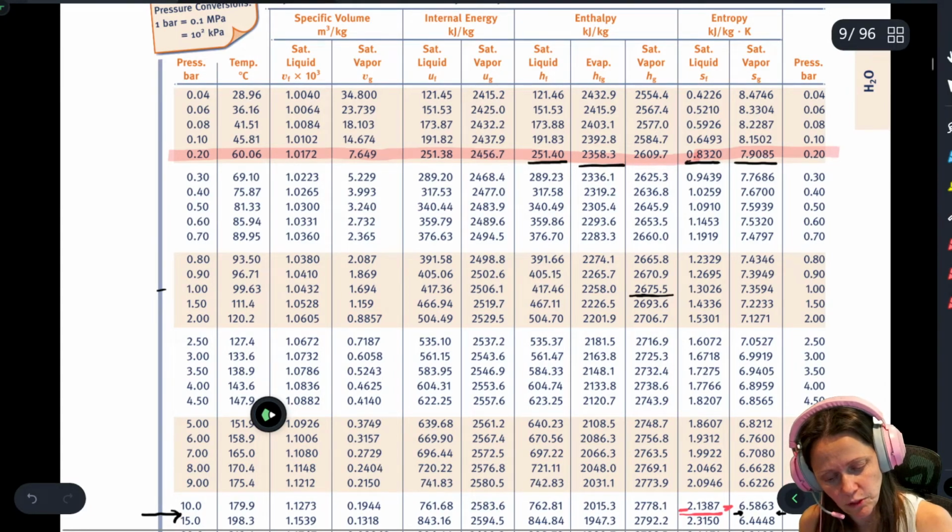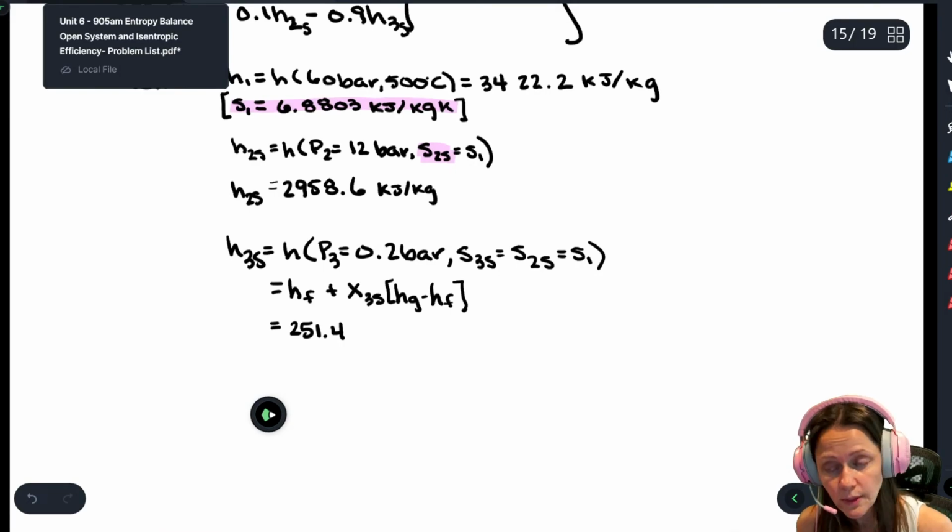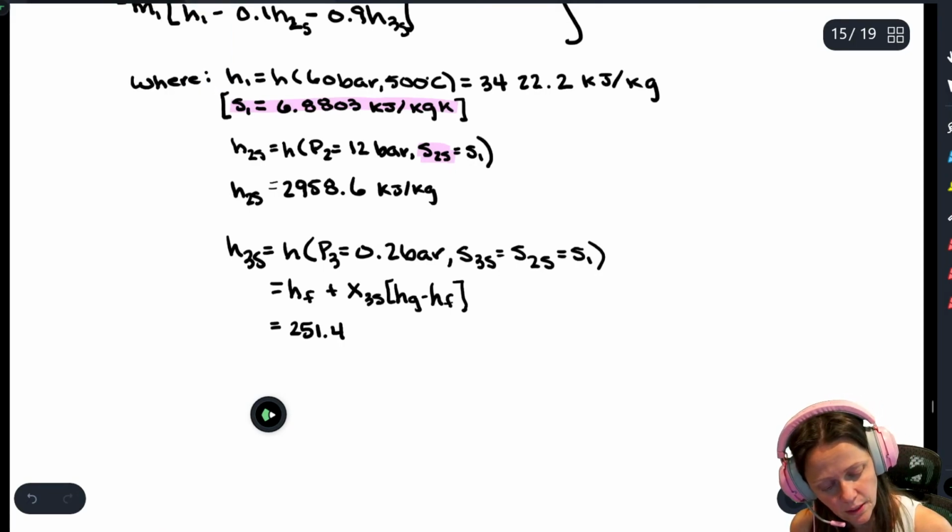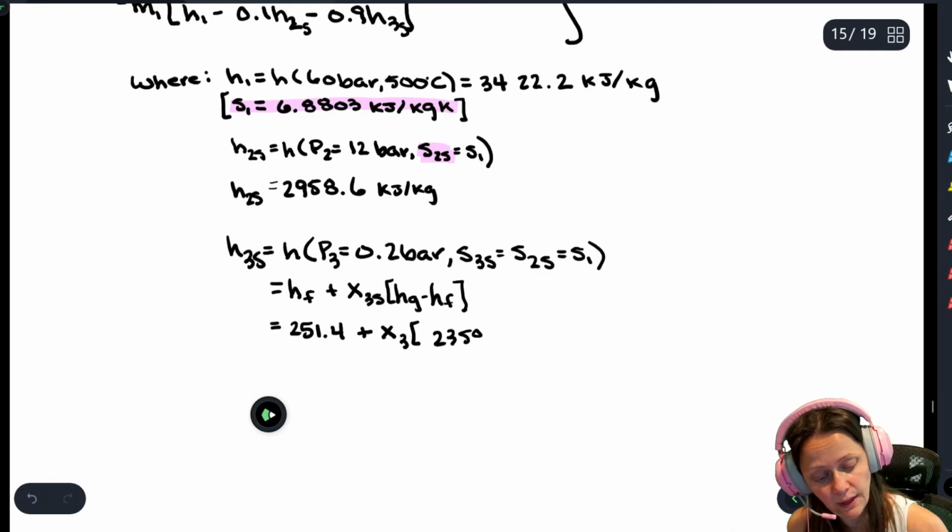There's my H sub FG. Okay. So 251.4 plus quality times 2358. All of this is going to be in kilojoules per kilogram.